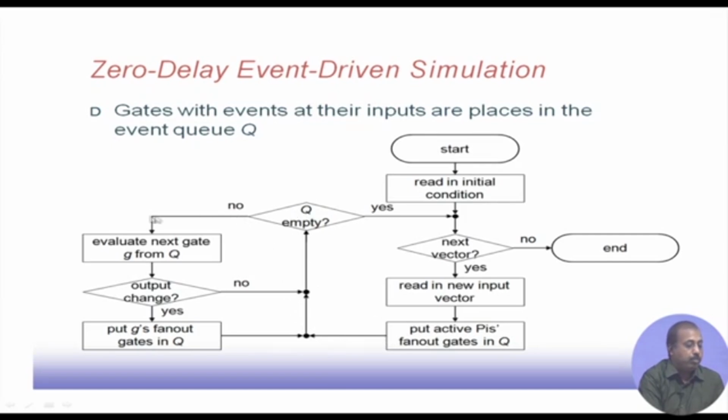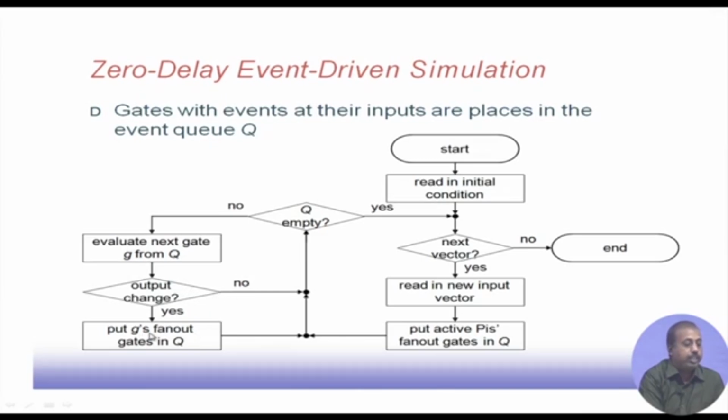If the queue is not empty, it will evaluate the next gate G from the queue, and if the output changes, then only the fan out nodes of G will be put into queue. If the output does not change, then the fan out nodes are not put.